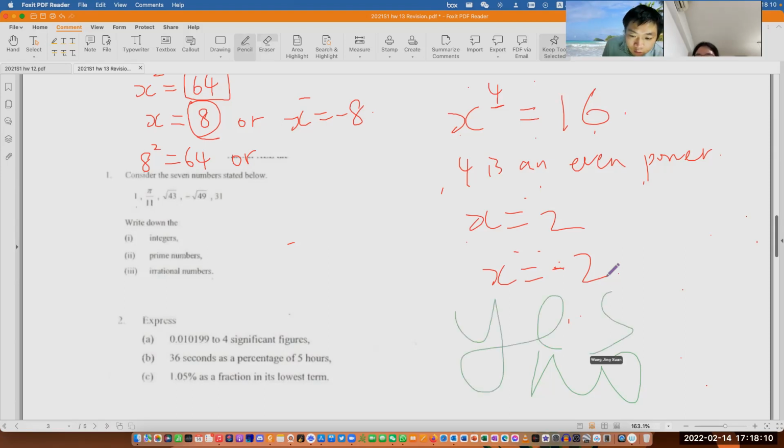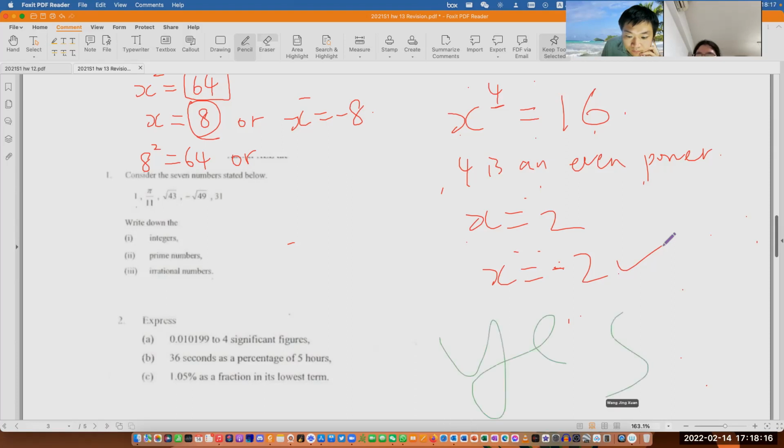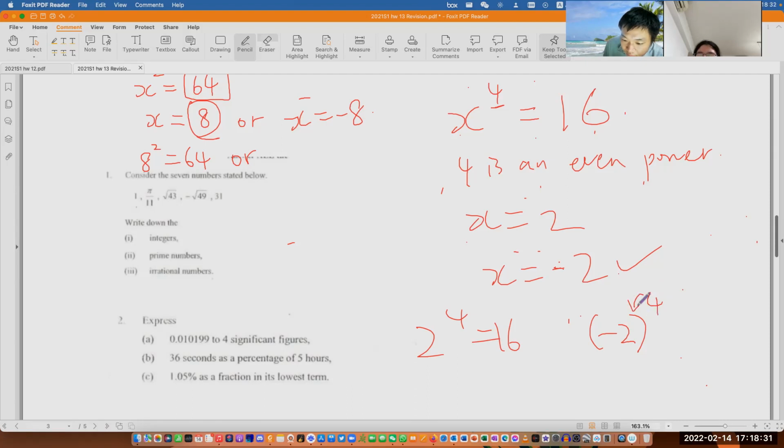Okay, good. Have you checked for negative 2 as well? Like I say, you can always check: 2 to the power 4 equals 16. And then the other one you check is negative 2. Please give it a bracket. Only when you give it a bracket do you power the negative 2.